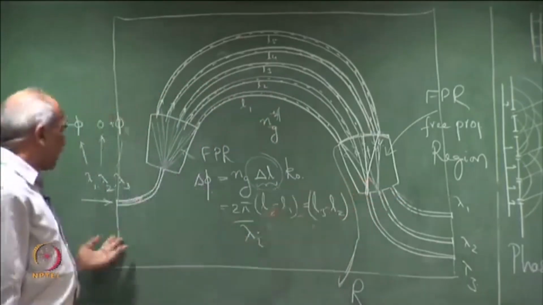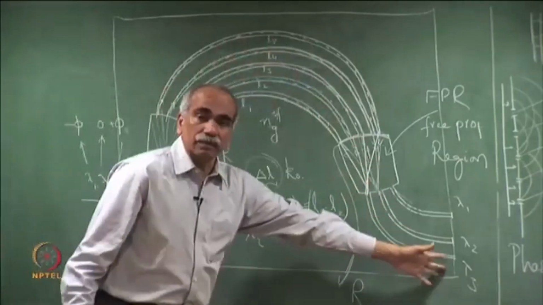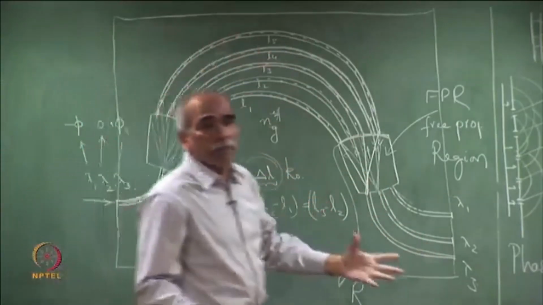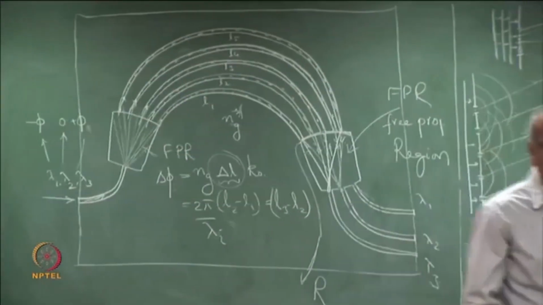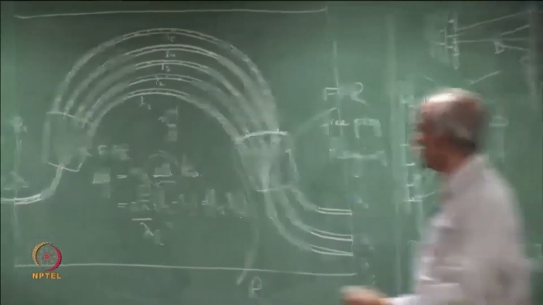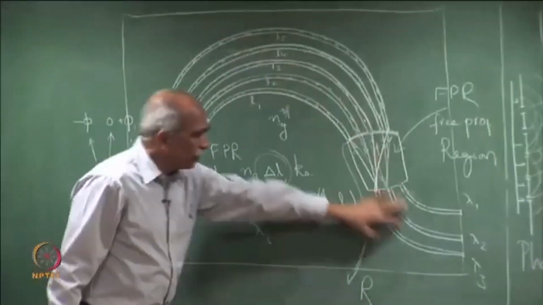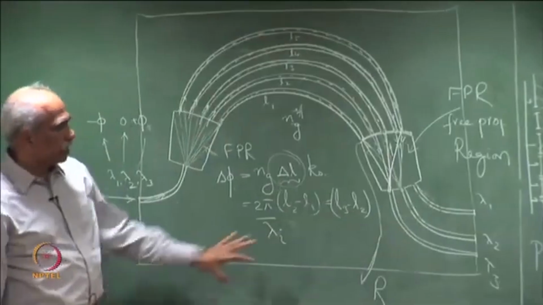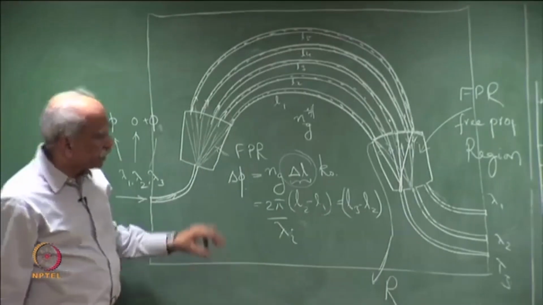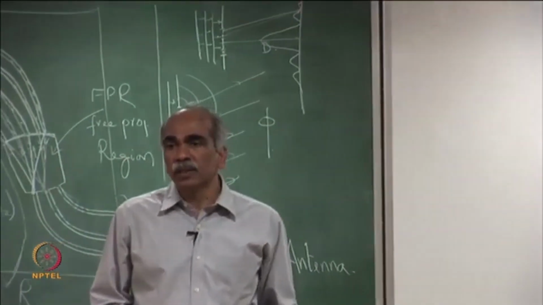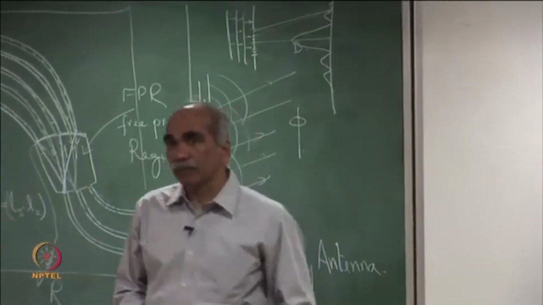So, we have a demultiplexer functioning like this. As I said, the whole dimension could be 5 mm by 5 mm or less. So, it is a very small device and details of the design we are not going into, but this is a very important device in realizing transmitters and receivers in DWDM systems.